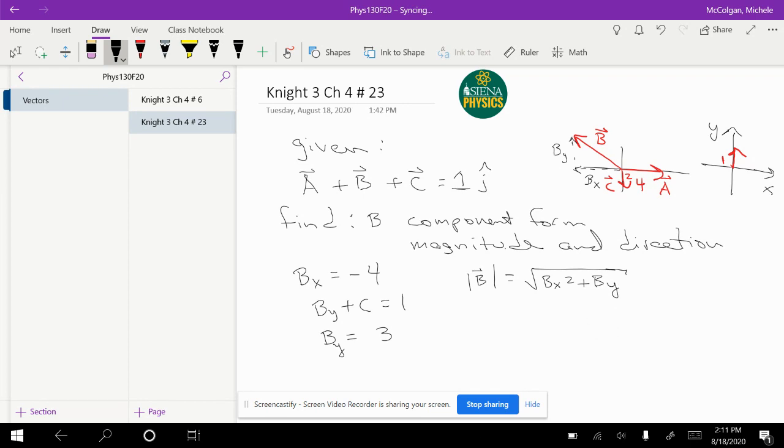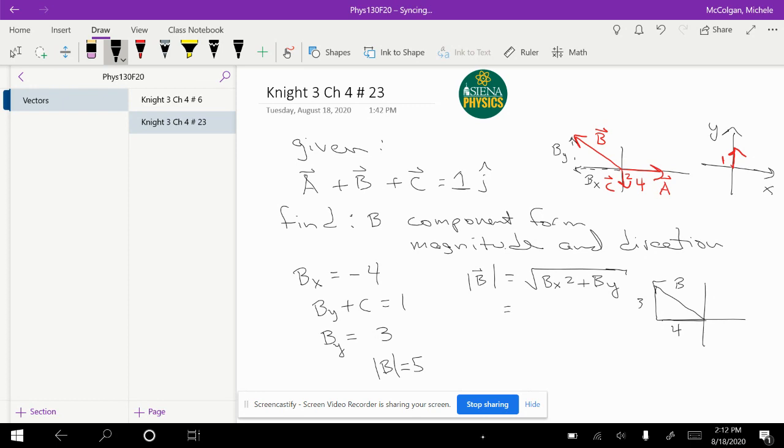If I just draw B like this, with By equal to 3 and Bx equal to 4, this looks like a 3, 4, 5 triangle. So I'm going to say the magnitude of B is equal to 5. But we can check that.